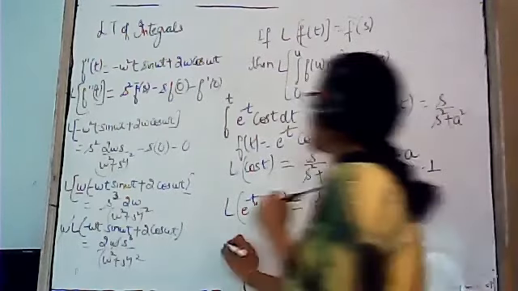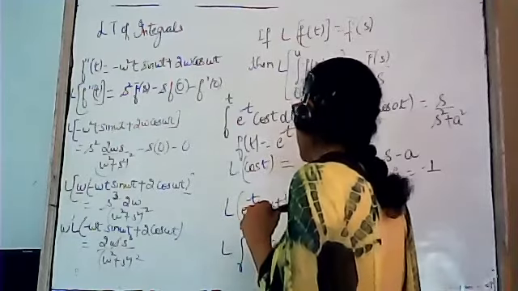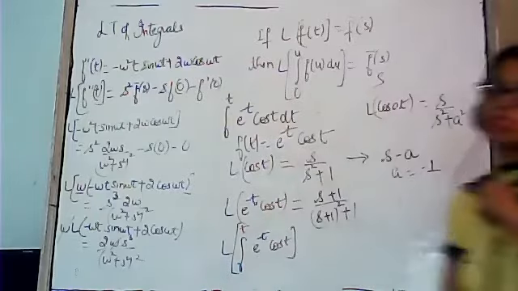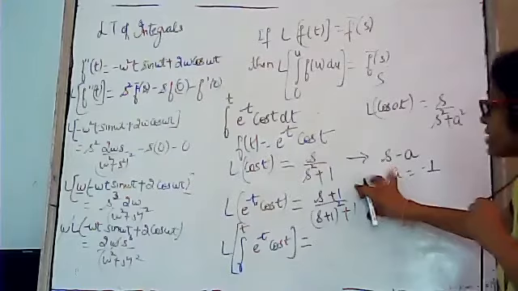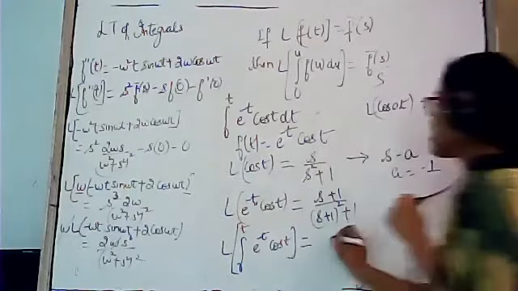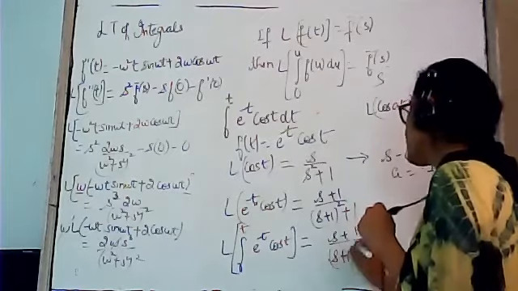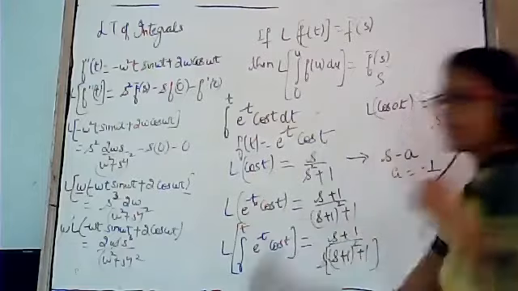Now beta, we have to find the Laplace of the integration of e to the power minus t cos t dt, where the integration limits are from 0 to t. What to do? Just write the result as it is. This is s plus 1 upon s plus 1 the whole square plus 1, and multiply the denominator with s.